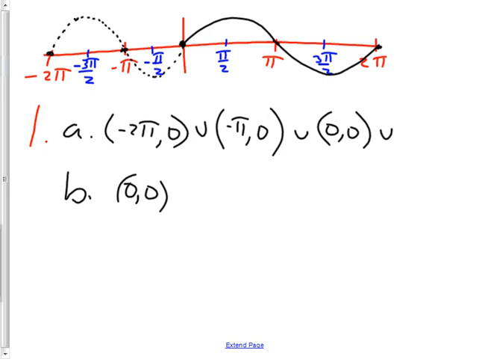Part C, where is the graph increasing? I'm going to do it in green. It's increasing right in that little zone right there. Then it says between negative pi and pi, so between here and here.